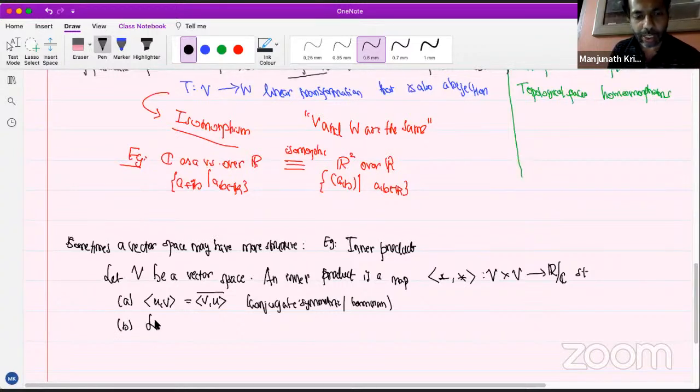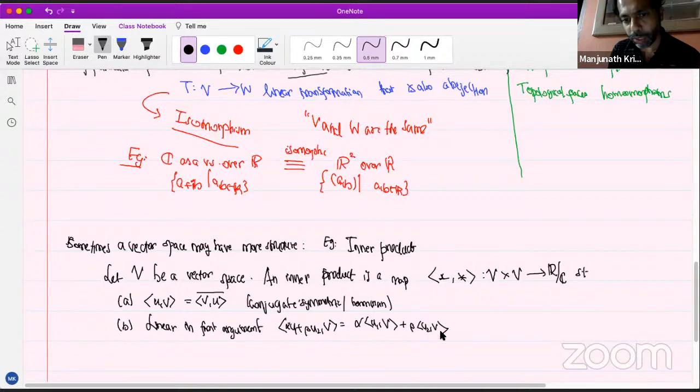Property 2 is that it is linear in the first coordinate. This is alpha times <u1,v> plus beta times <u2,v>. Okay.